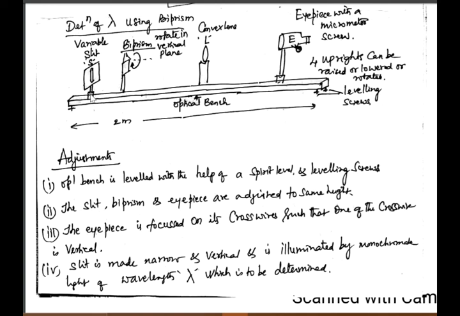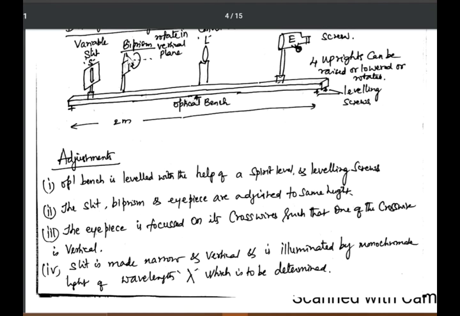In the first mount, you have a vertical slit attached. In the second mount, the biprism is fixed as shown in the figure, such that its principal section is a triangle and refracting edge is facing the slit. And in the third mount, L denotes a convex lens. In the fourth mount, you have an eyepiece fitted with a screw. You can focus for the interference fringes by adjusting the screw.